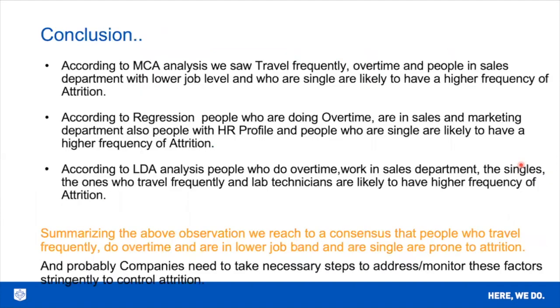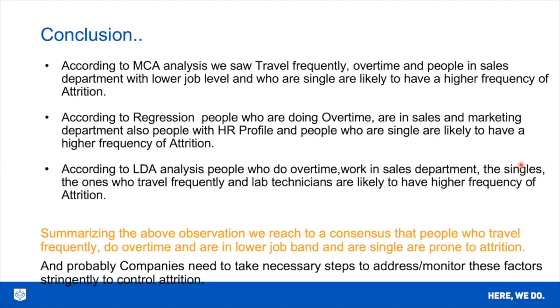To conclude our analysis, according to the MCA analysis, individuals who travel frequently, work overtime, are in the sales department, have lower job levels, and are single are more likely to experience a higher frequency of attrition.